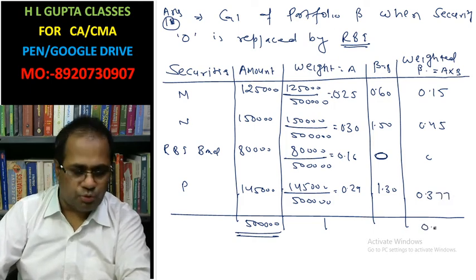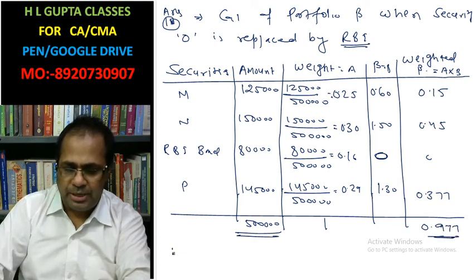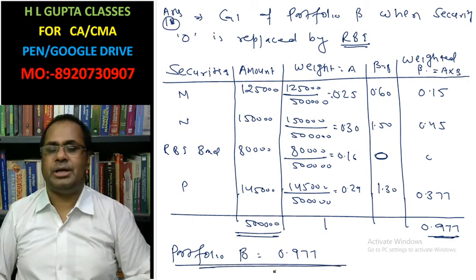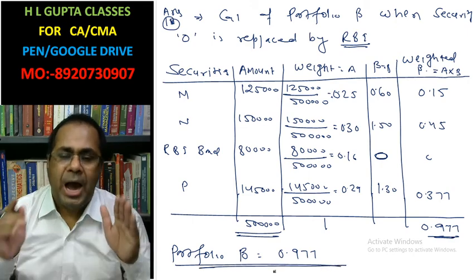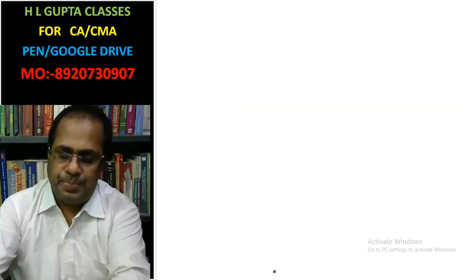In this case, the portfolio beta becomes 0.977.